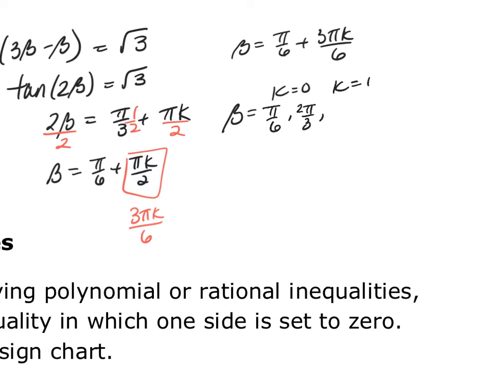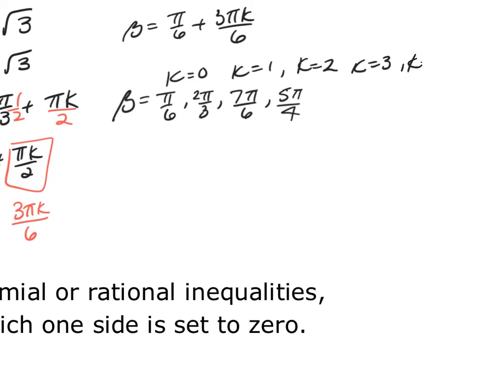Got to check my fractions. I'm pretty sketchy. When k equals 2, what do I get? When k equals 3, what do I get? 5 pi over 4, because it was 10 pi over 6 and it gets reduced. When k equals 4, am I outside my interval? Yes.